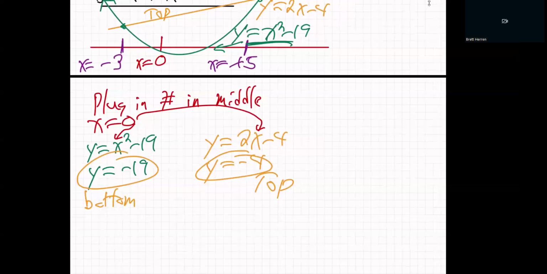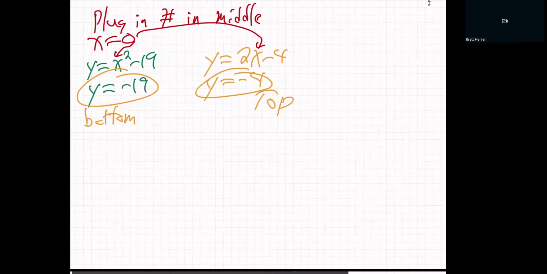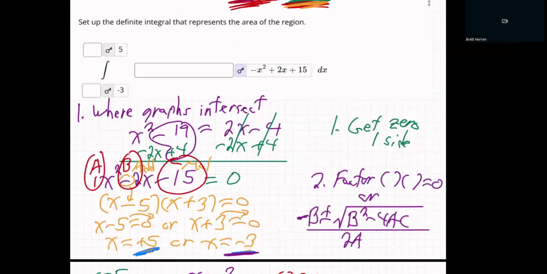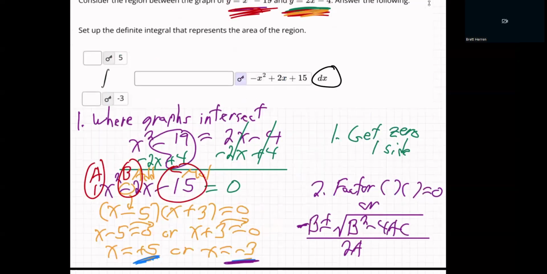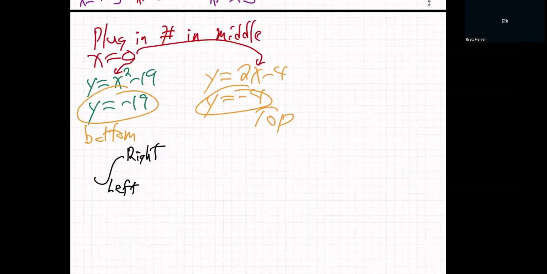So I'm going to go, okay, the integral is going to be the integral from the left to the right, because they're wanting a dx, aren't they? Let me go back up here. Yeah, they're wanting a dx integral. Dx means along the x-axis, from the left to the right, of the height, right?